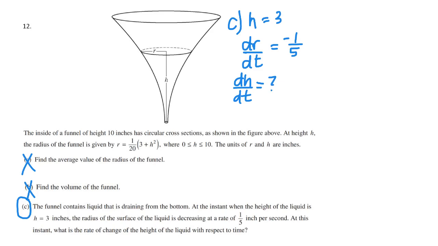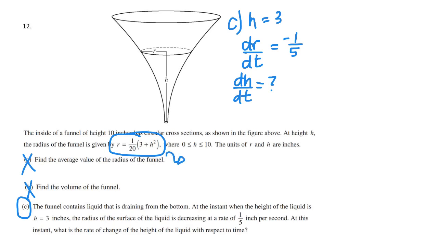Well, let's go back up and look at what we were given. We were given this formula right here. That's what we've got, and really, that's all we need, because we're given the rate of change of the radius. We want to know the rate of change of the height. We're given what an h value is. So I would rewrite r.